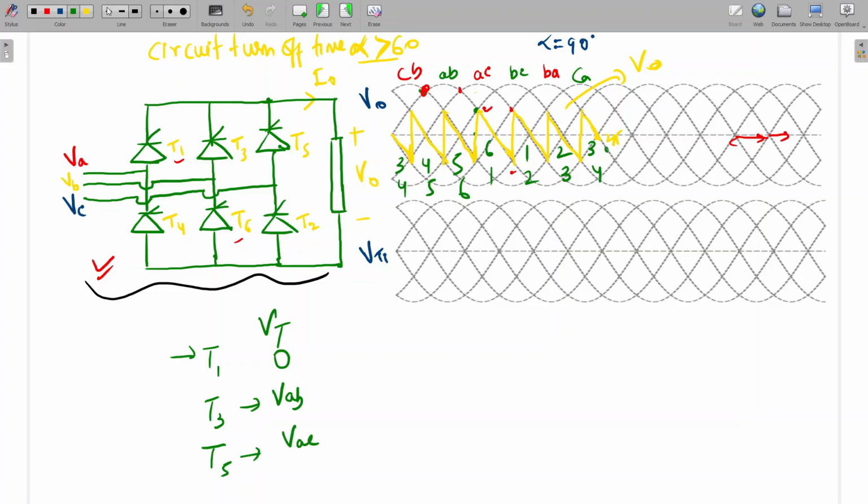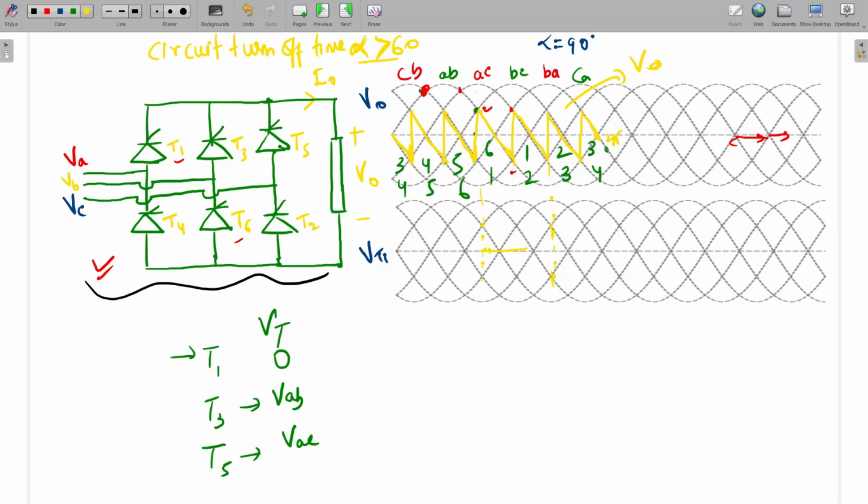Okay, we'll see here. So it is conducting, one second, this point is matching. This point, I think it will come here. 1, 2, 3. Okay.